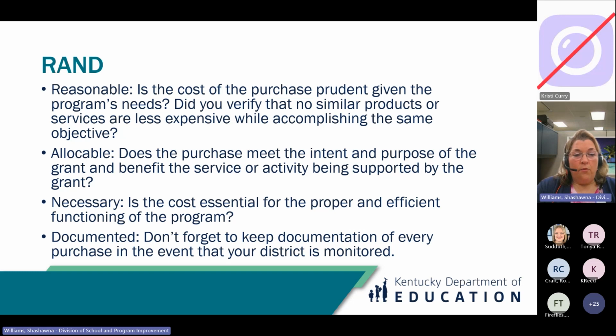For allocable, ask yourself, does the purchase meet the intent and purpose of the grant and benefit the service or activity being supported by the grant? For necessary, simply, is the cost essential for the proper and efficient functioning of the program? And then last, don't forget to document every purchase made with Title V funds.